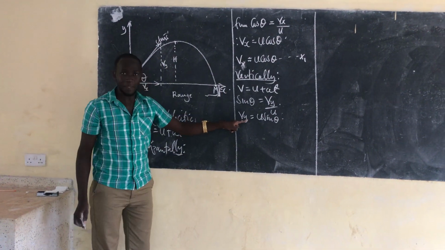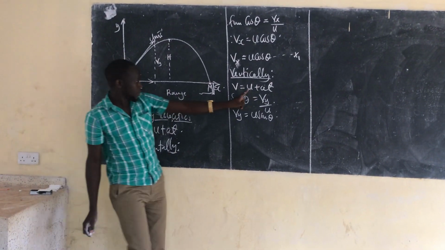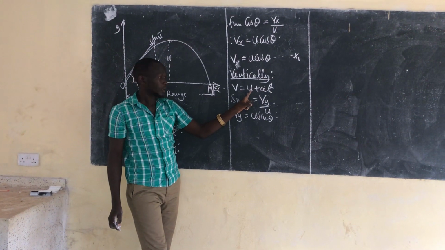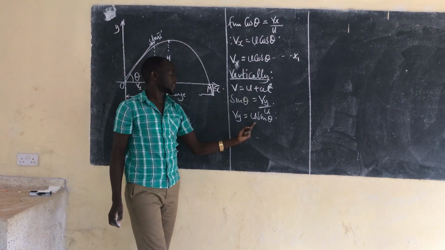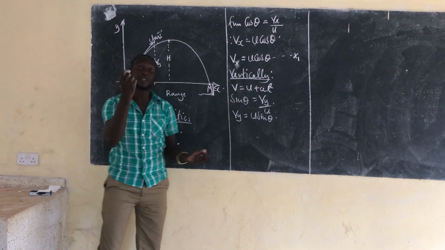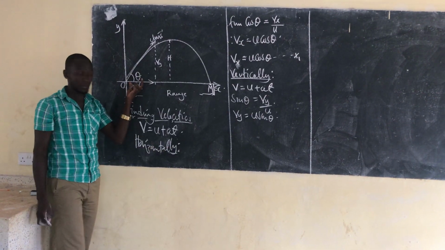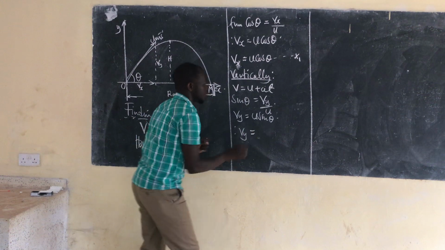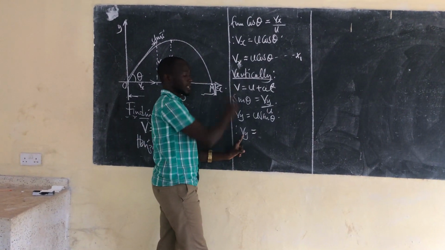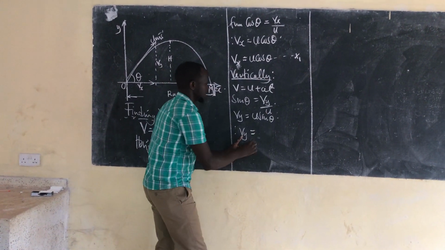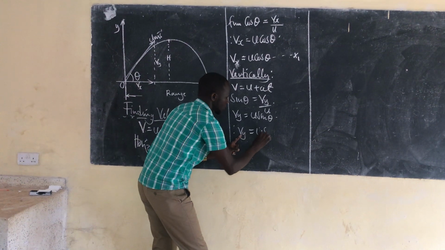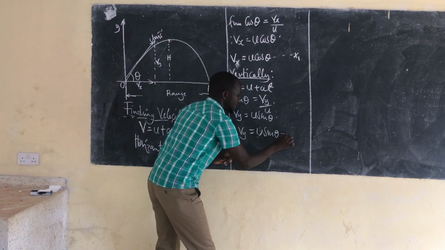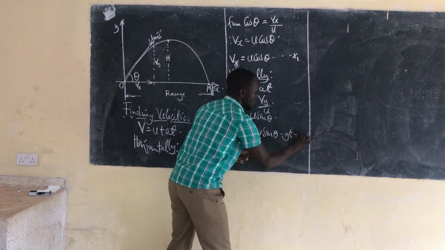If you have this, it implies that instead of the u in the first equation of motion, u turns into u sine theta as the vertical component of this projectile. So we shall have, therefore, Vy, the velocity on the vertical axis, the same as u sine theta minus gt.